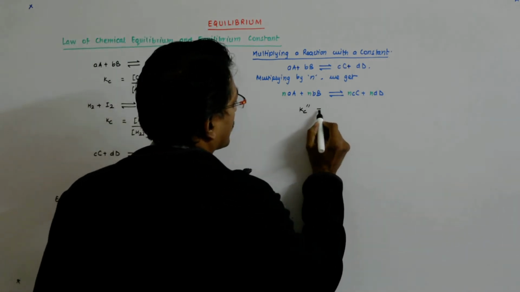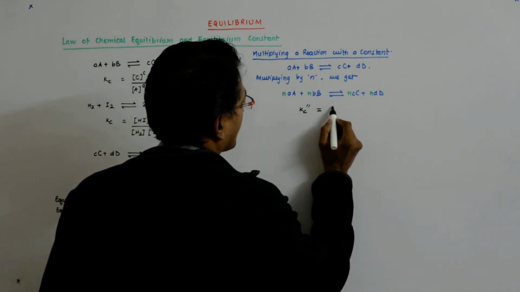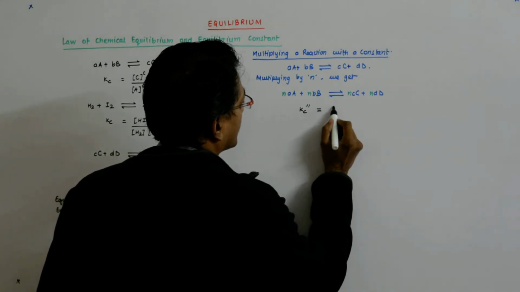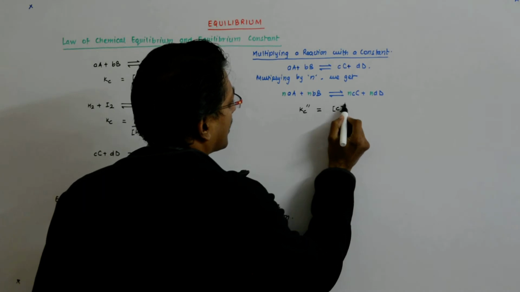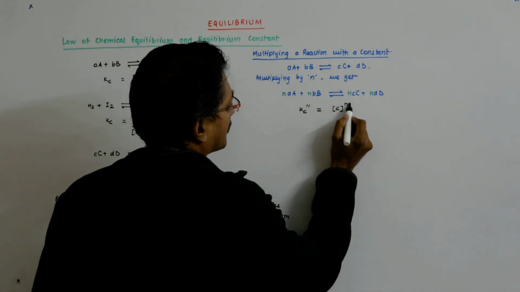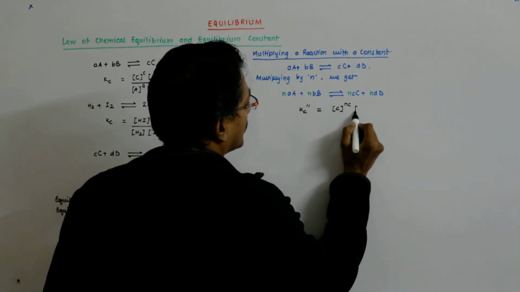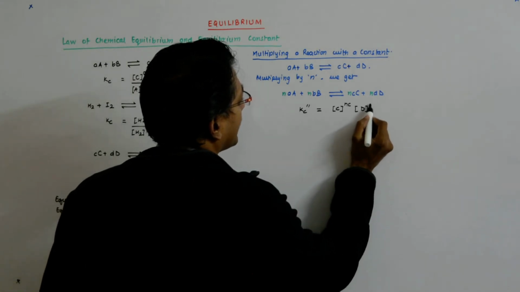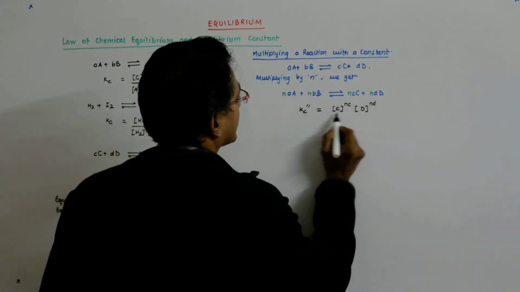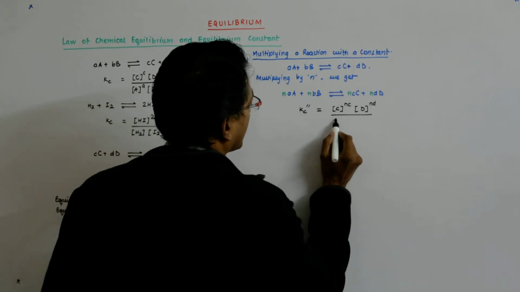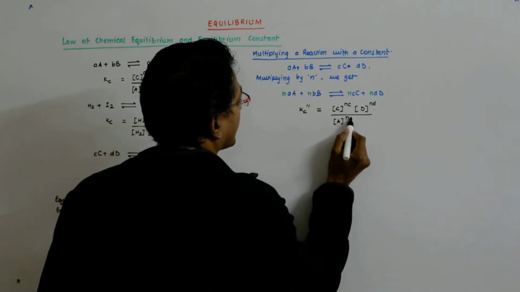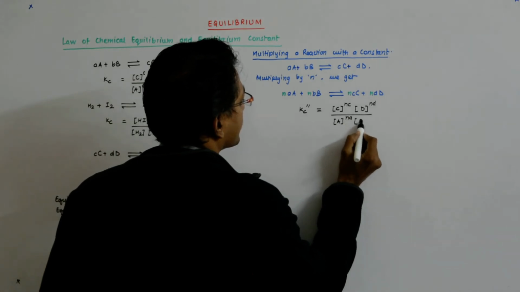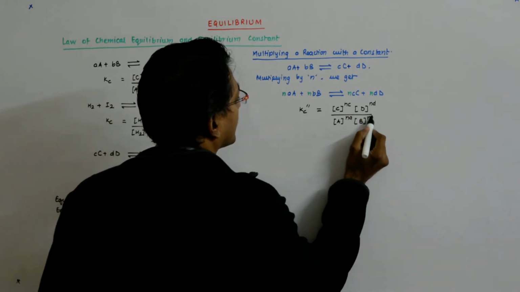So this is equal to the concentration of C raised to the power nc, into the concentration of D raised to the power nd, divided by the concentration of A raised to the power na, concentration of B raised to the power nb.